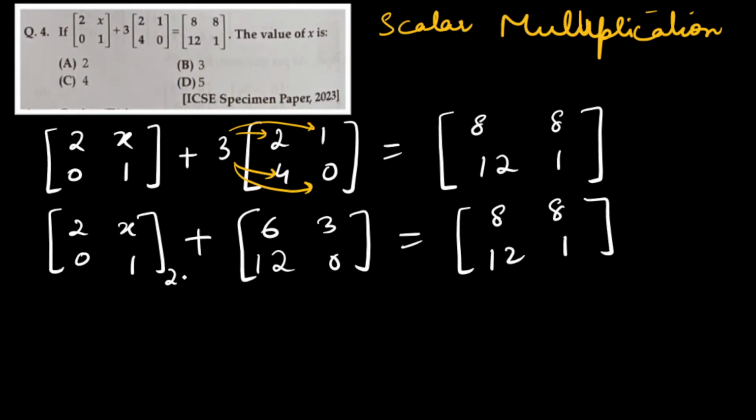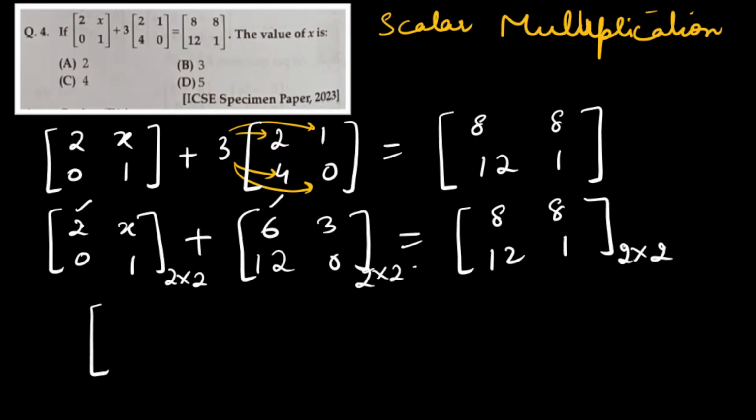So the two matrices, I can see their order is the same. That's why they are getting added. Now elements we have to add. First of all, these two matrices we have to convert into a single matrix so that we can compare.